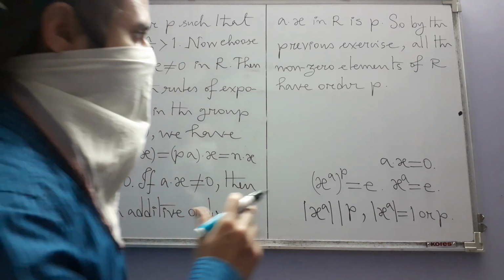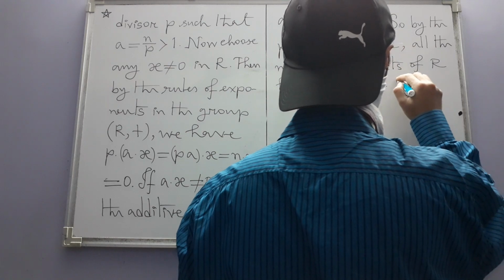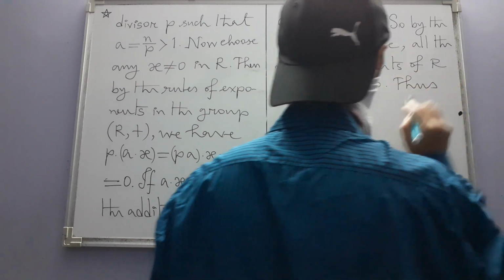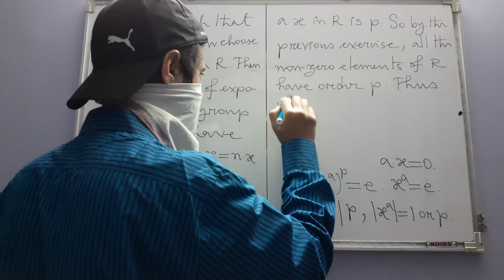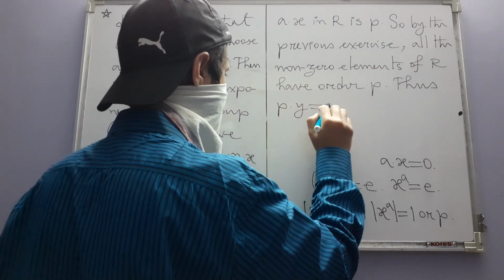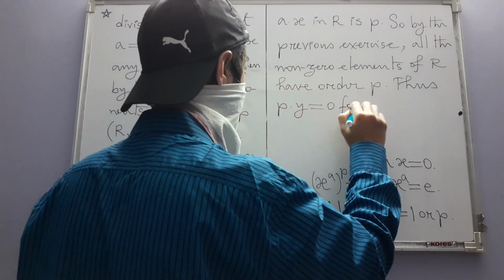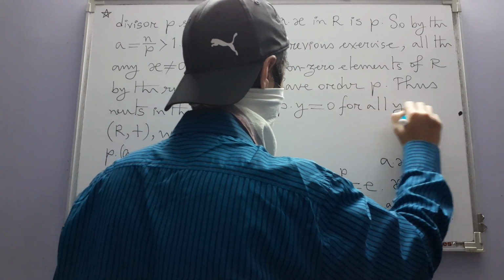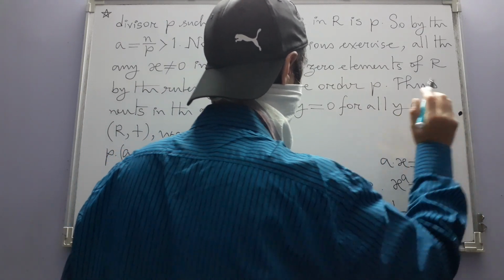If we write that in equation form, P dot y is equal to 0 for all y belonging to R.